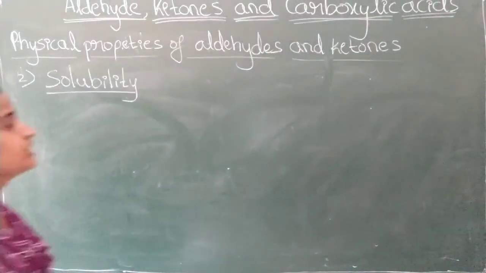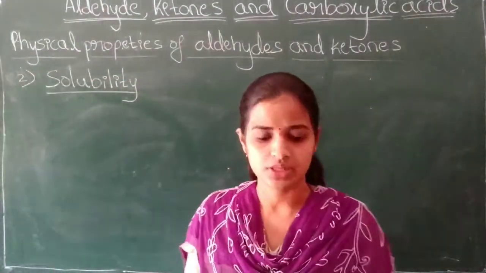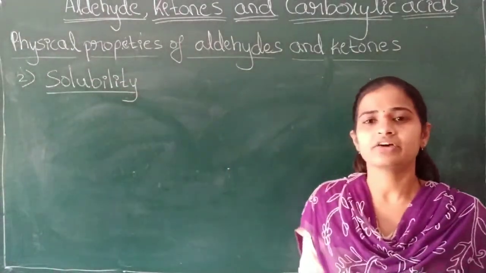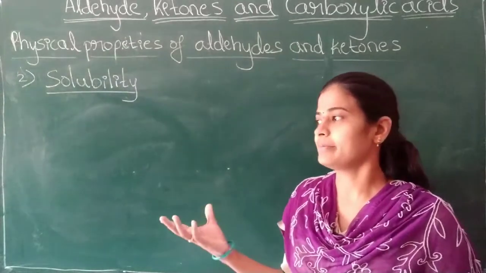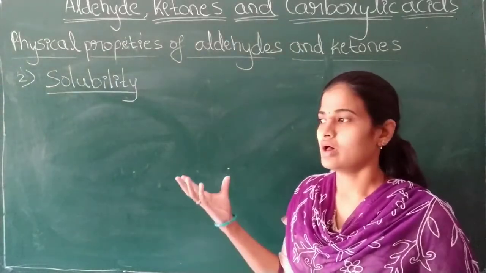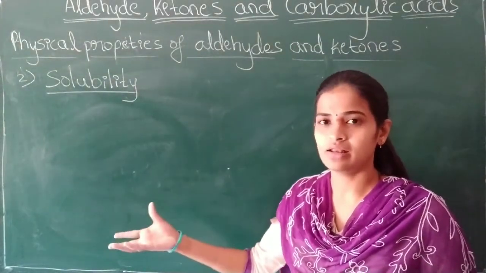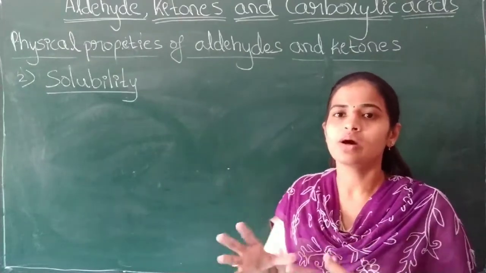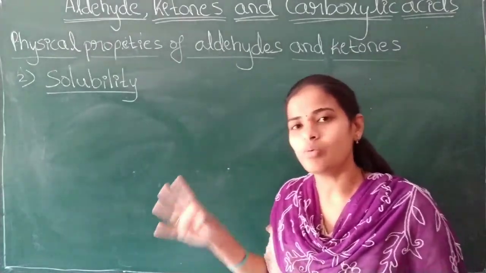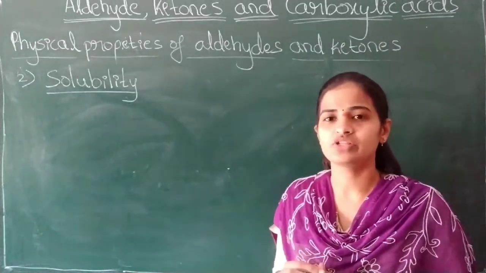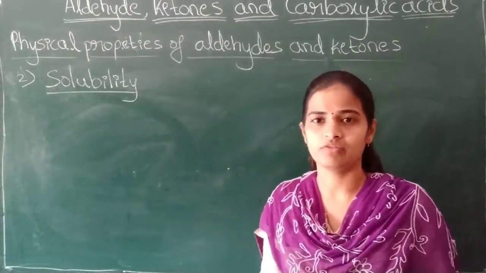About the solubility of the aldehydes and ketones. The lower members of the aldehydes and ketones, for example, acetone, methanal, ethanal, are soluble in water because of the formation of intermolecular hydrogen bonding with the water molecule.